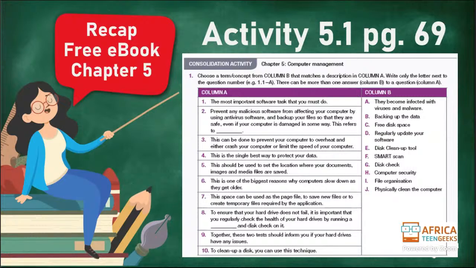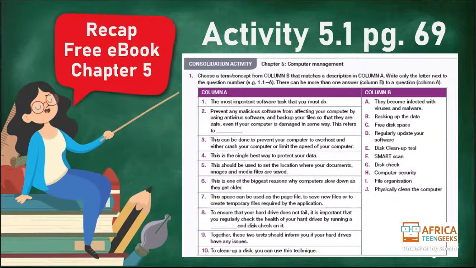Malicious software, malware, and what does it affect? Right, if you check there, when we're looking at the factors that affect, exactly, it's H, which is computer security. Yep.